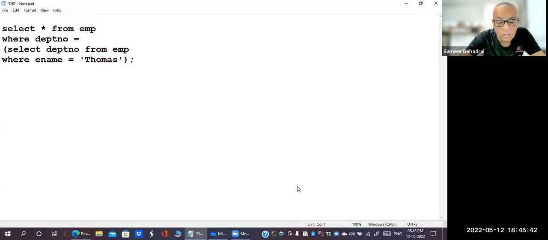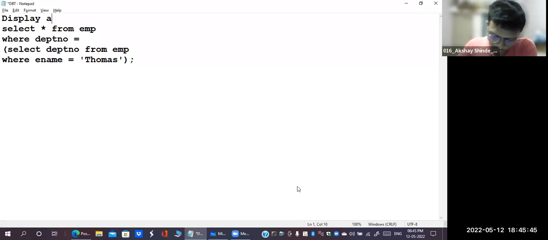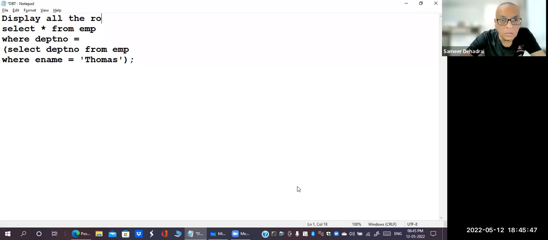Please note down the solution and the problem statement also. Display all the rows who belong to the same department number as Thomas.